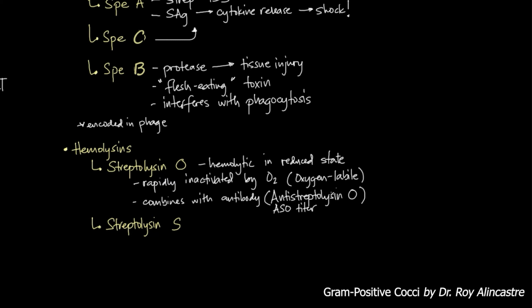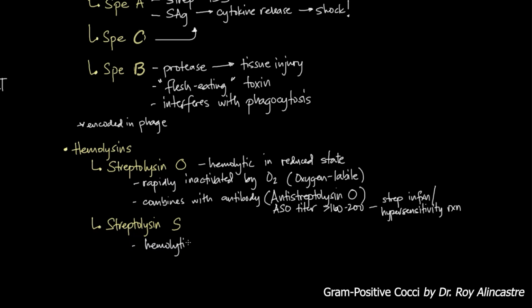An ASO serum titer of more than 160 to 200 units is considered high. And this means that either the patient had a recent infection with Streptococcus pyogenes, or that the patient has a hypersensitivity reaction or an exaggerated immune response to strep pyogenes.